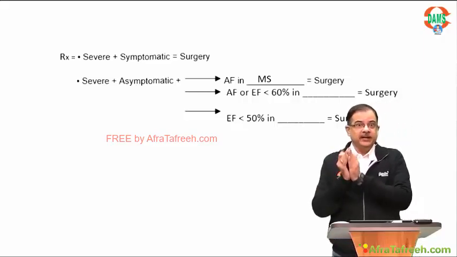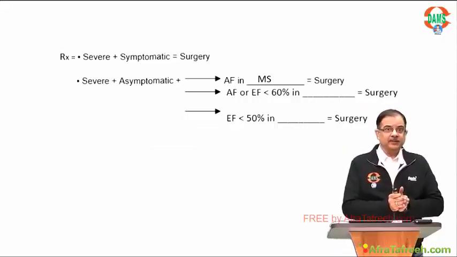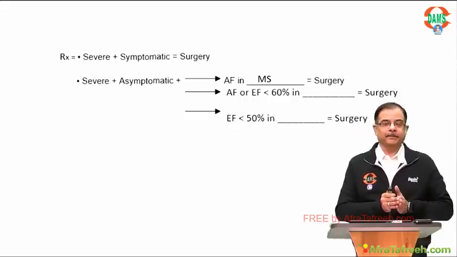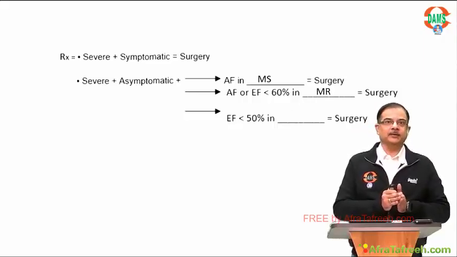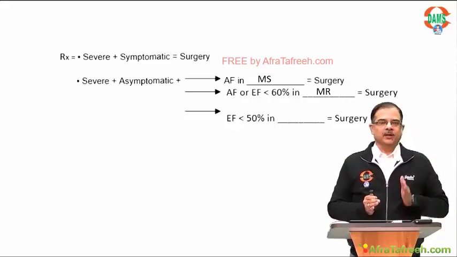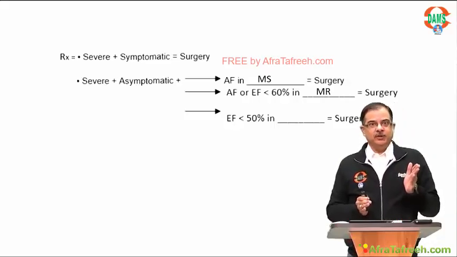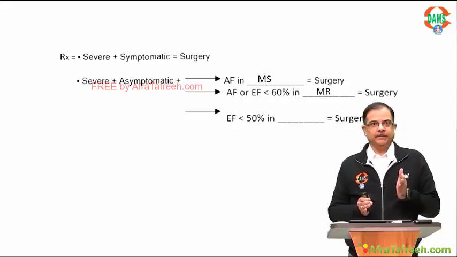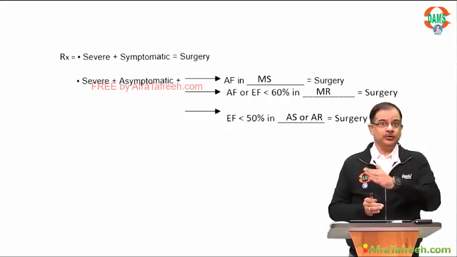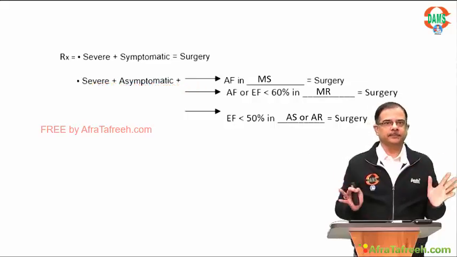While if atrial fibrillation is present or ejection fraction is less than 60% in MR, go for surgery. Severe valvular disease, asymptomatic patient, but ejection fraction is less than 50% in AS or AR, surgery.